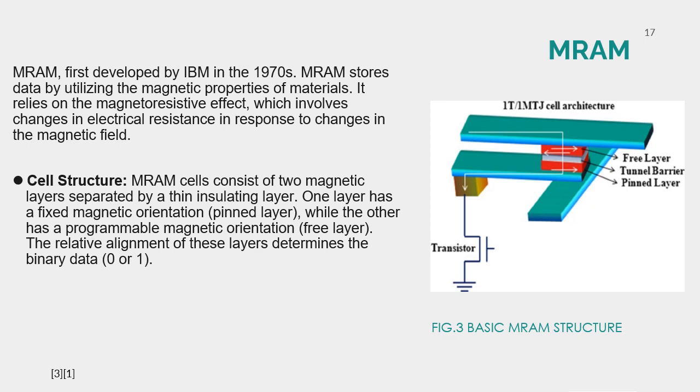MRAM is based on memory cells that have two magnetic storage elements, one with a fixed magnetic polarity and another with a switchable polarity. These magnetic elements are positioned on top of each other but separated by a thin insulating barrier, as shown in the cell structure. Moreover, scientists define a metal as magnetoresistive if it shows a slight change in electrical resistance when placed in a magnetic field.